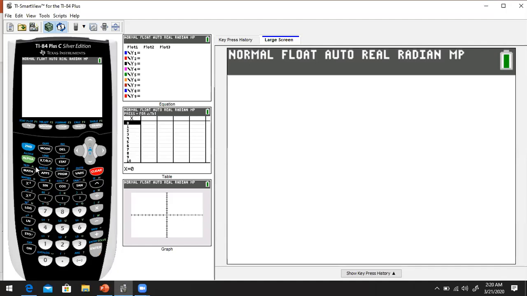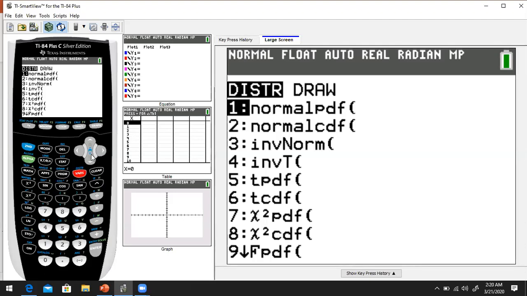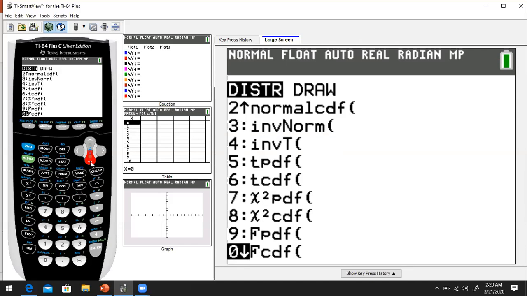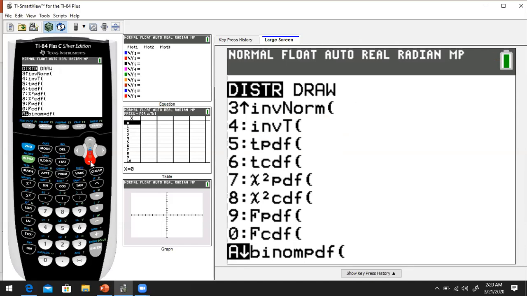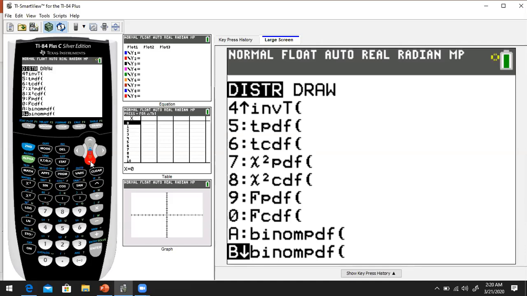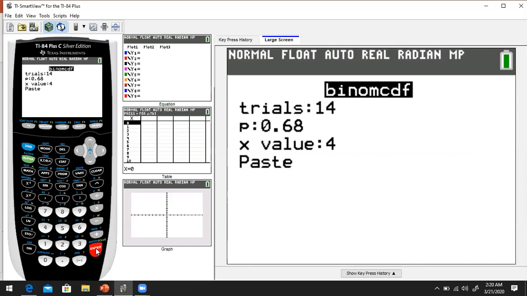So this is what we write. 1 minus, we're doing second vars. We're looking for binomial CDF again because we have a few probabilities that we need to calculate at the same time, not just one. So binomial PDF is if it's only one, when we have the word exactly. Binomial CDF, enter.